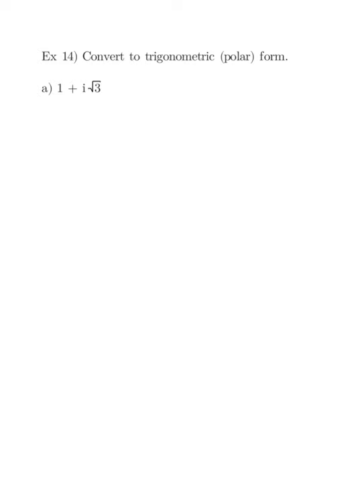If you go right and up, you are in quadrant 1. So that's the first thing we got to recognize. Now, the x is the real part, so the x is the 1. The y is the number in the imaginary part, so it's the square root of 3.